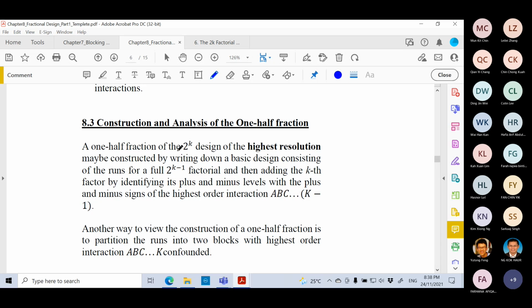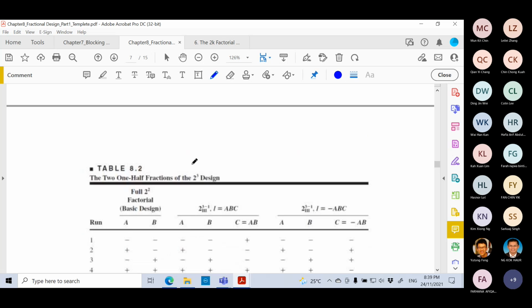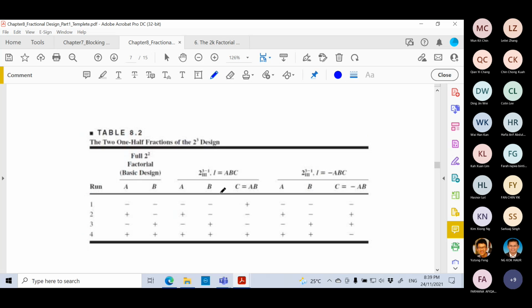A 1/2 fraction of the 2 power k design of the highest resolution may be constructed by writing down the basic design consisting of the runs for the full 2 power of k minus 1 factorial design, and then adding the kth factor by identifying the plus minus sign. Actually, this thing is related to this table here.